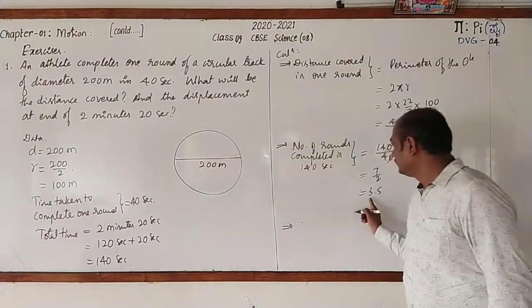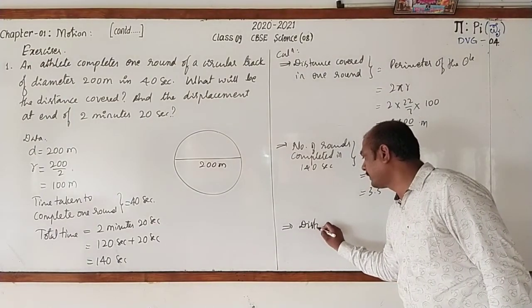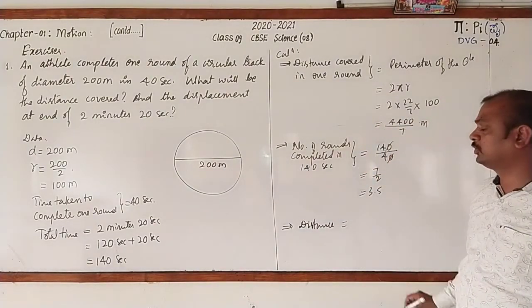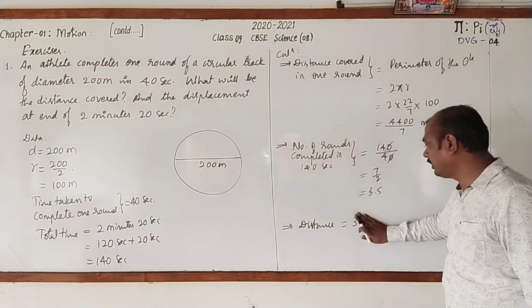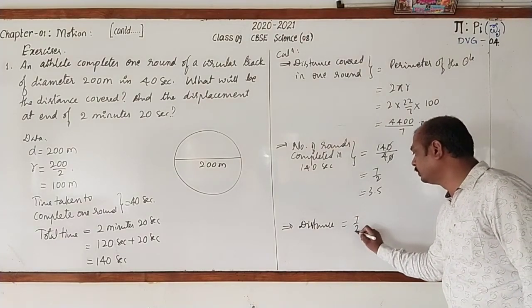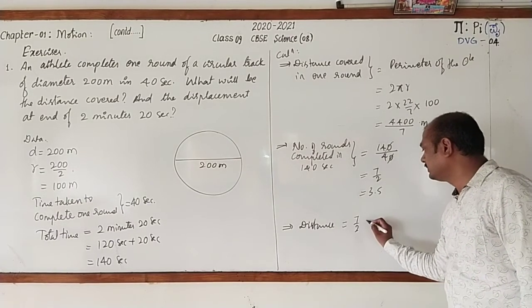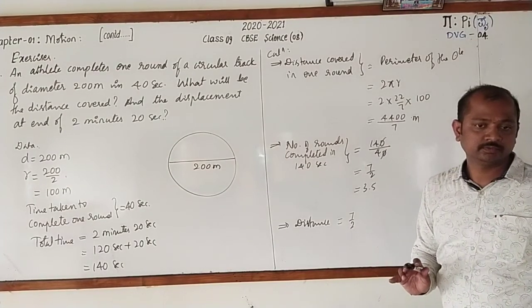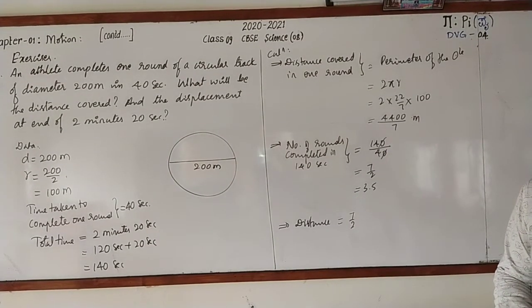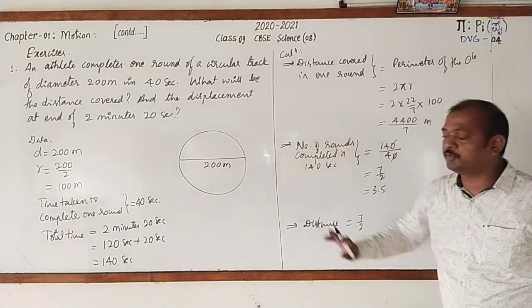Now for 3.5 rounds, how much distance has he covered? Distance is equal to 3.5 rounds, or 7 by 2, into the circumference. Now you are going to find out the distance covered in 140 seconds.